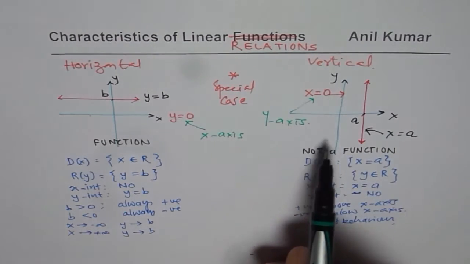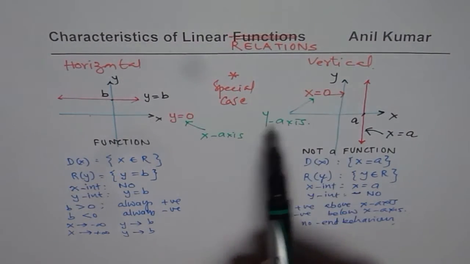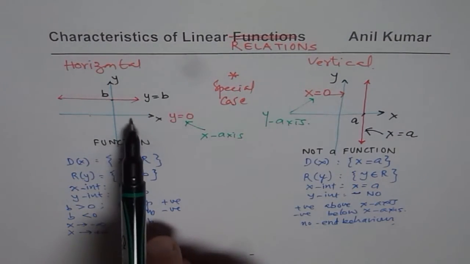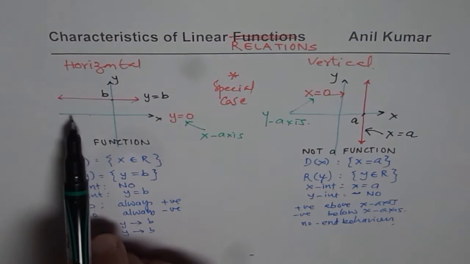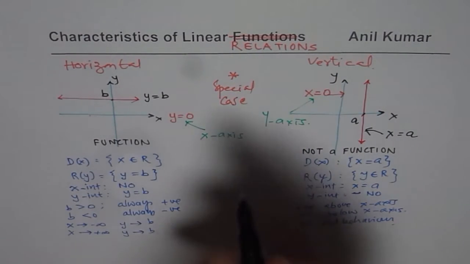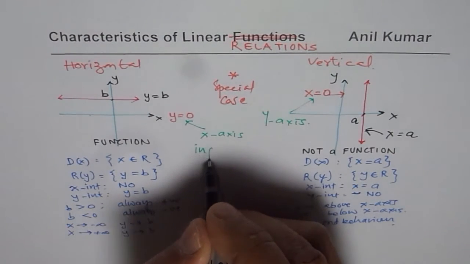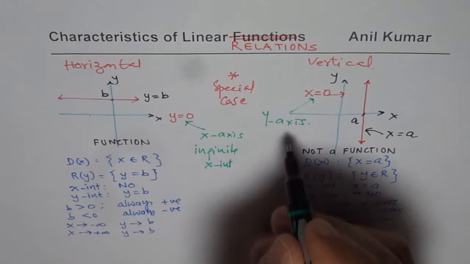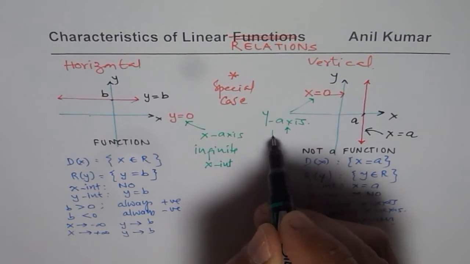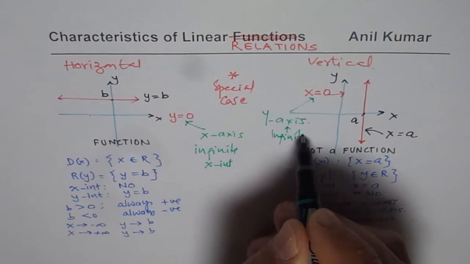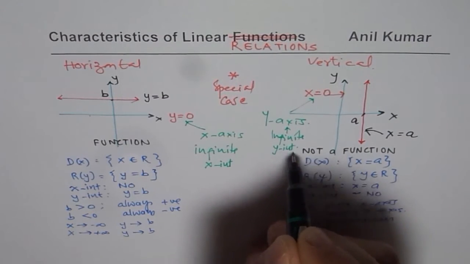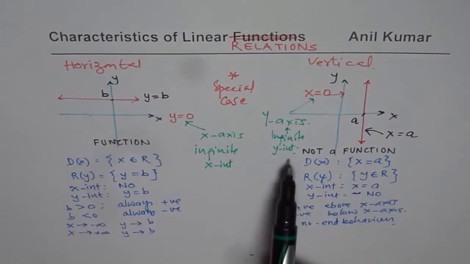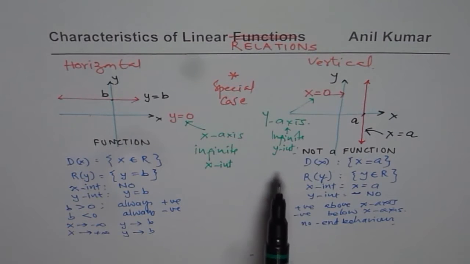So the major change is that, beginning with the horizontal line, we have infinite x-intercepts. And in the other case, we have infinite y-intercepts, okay? So that is a huge change between the two.